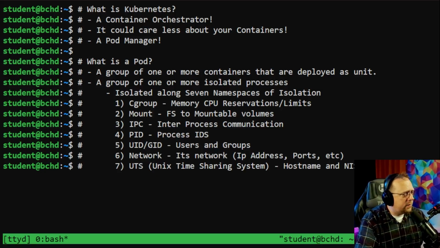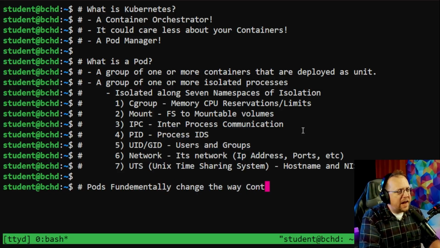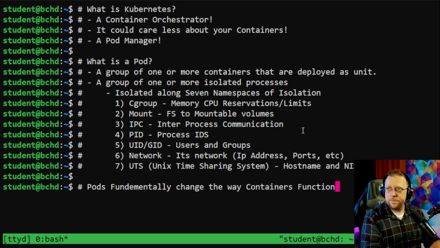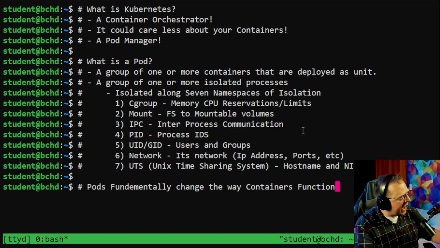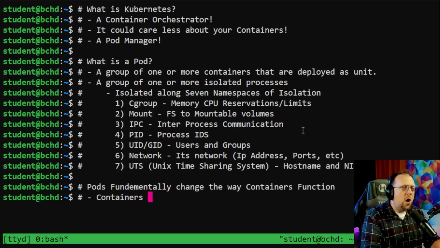So pods, okay, this is where things get fun. Pods fundamentally change the way containers function. It changes the name of the game here, guys. And why is that? It's because pods, or rather containers on a pod, share 3 namespaces of isolation.